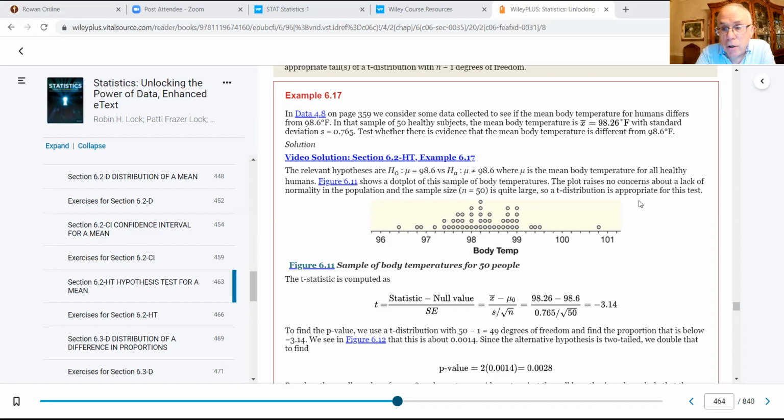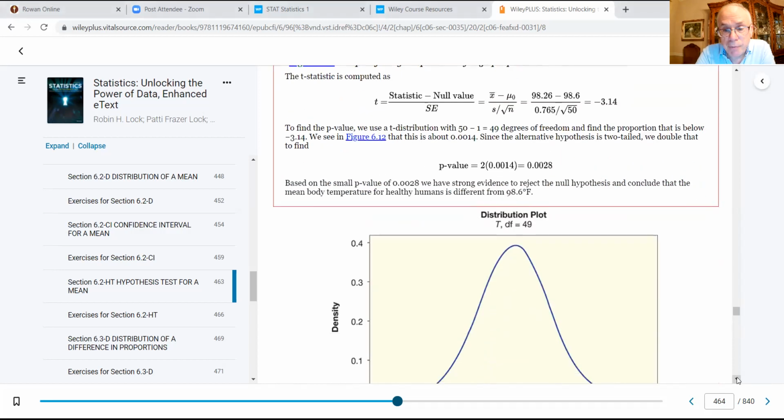And since we're rejecting the null hypothesis, and it's a two-tailed test, we would say, again, assuming alpha is 0.05, at the 5% level of significance, there is enough evidence to support the claim that, on average, mean body temperature is different than 98.6. And that is the conclusion. All right. So that's an example of a two-tailed test.